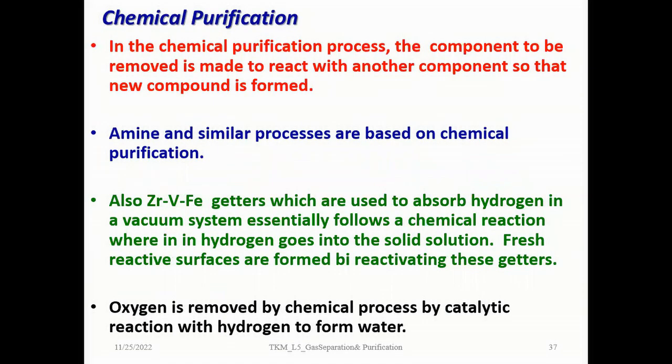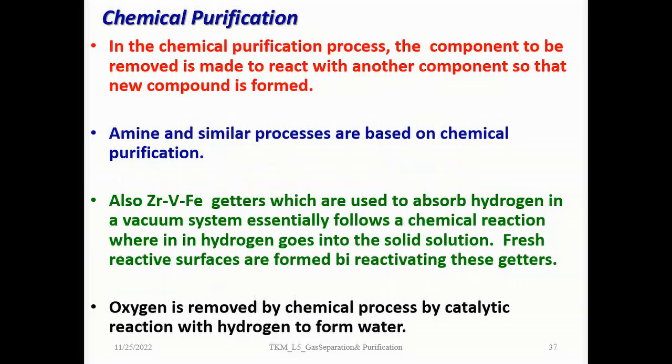In the chemical purification process, the component to be removed is made to react with another component so that a new compound is formed. Amine and similar other processes are based on chemical purification. Typically, zirconium vanadium iron getters are used to absorb hydrogen in a vacuum system.